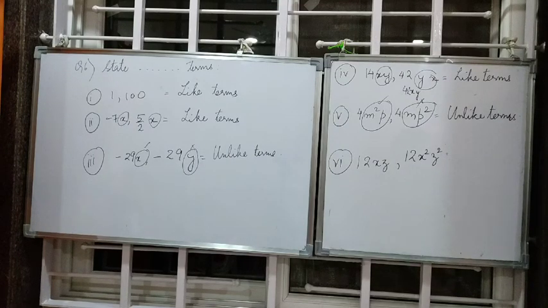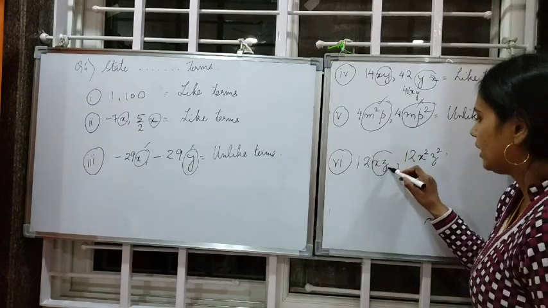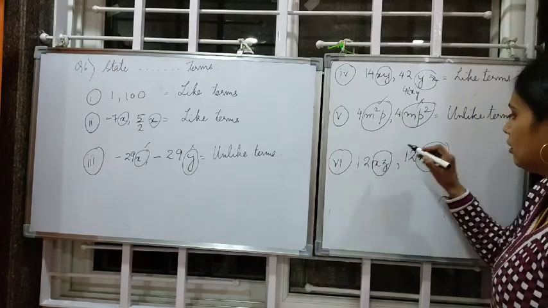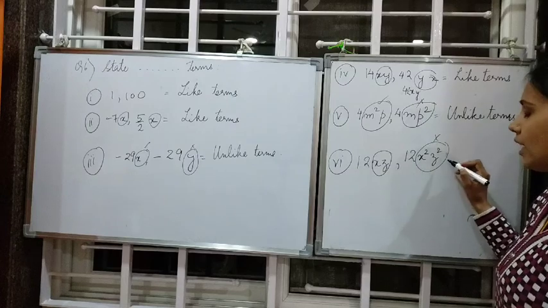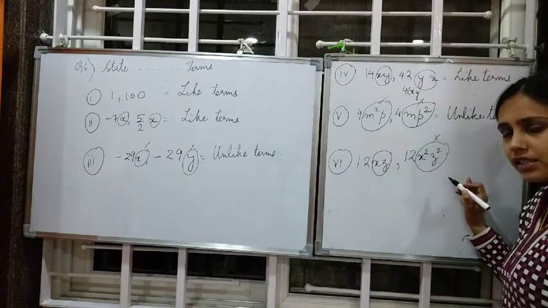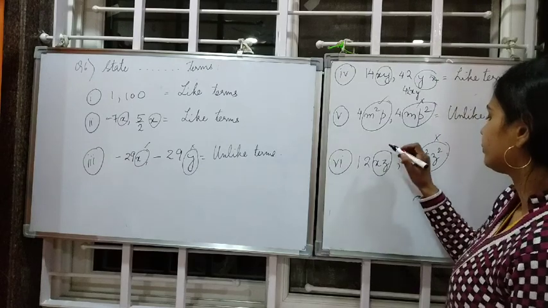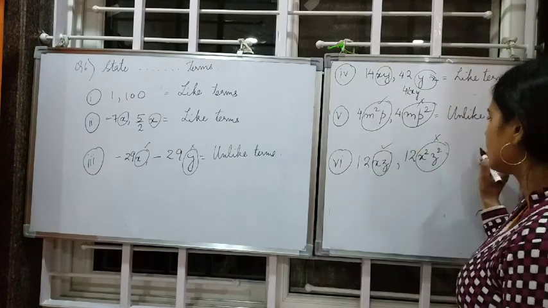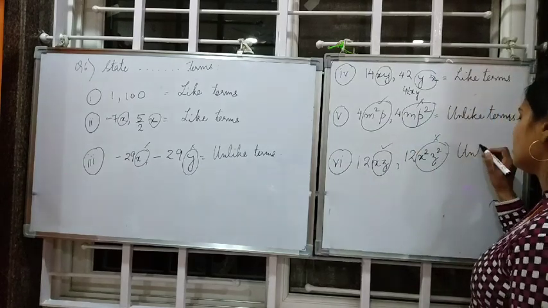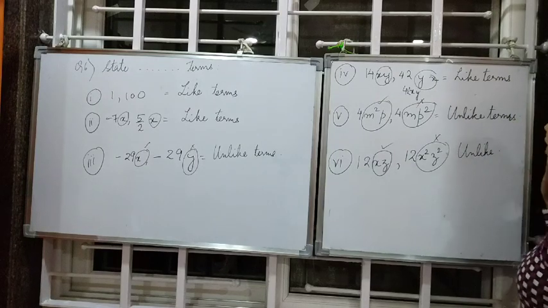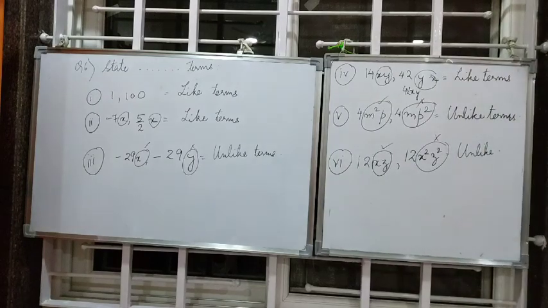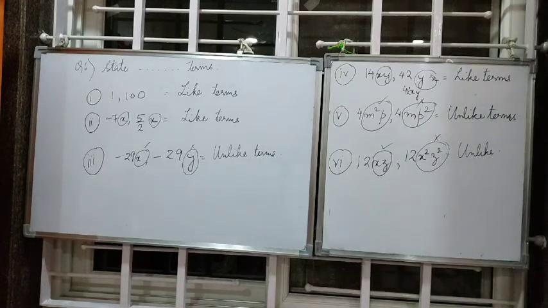Let's compare the variables. This is xz. Is this xz? No, it's not xz. Instead, it is x square, z square. Okay? So, are they like terms? No, they are not like terms, but they are unlike terms. Okay, children? And this completes your question number 6.